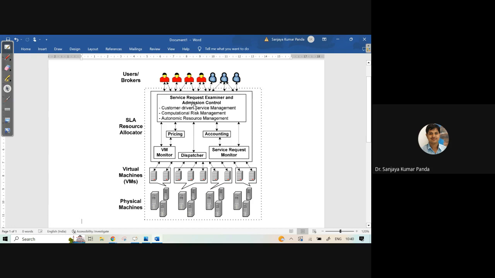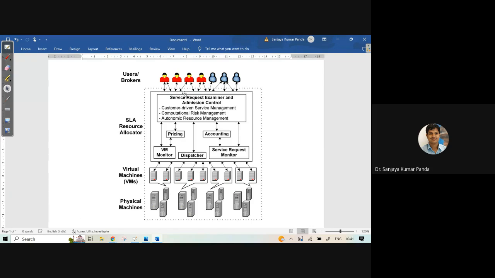Not only that, a user can also submit multiple requests. You can see in each and every user icon we have 2 bi-directional arrows, right? So a user can submit multiple requests at the same time. Like in the last lecture, we discussed T2 micro instances.